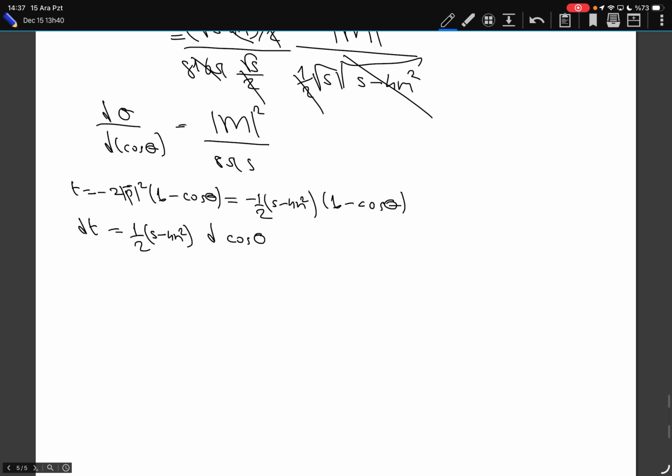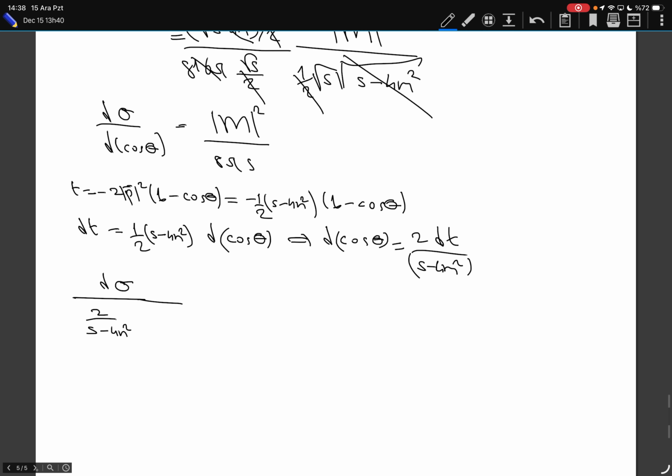d cosine theta. So I can just use this expression to replace cosine theta. So d sigma by d cosine theta is twice dt divided by s minus 4m squared, d sigma divided by 2 over s minus 4m squared, dt is equal to m squared over 8 pi s.